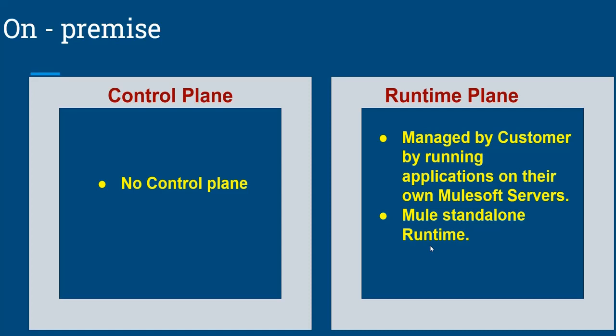If you don't want any control plane, if you don't want to manage anything or get alerts, and your organization requirement is just to use the MuleSoft standalone runtime server for deploying applications, then you will just take this on-premise model.